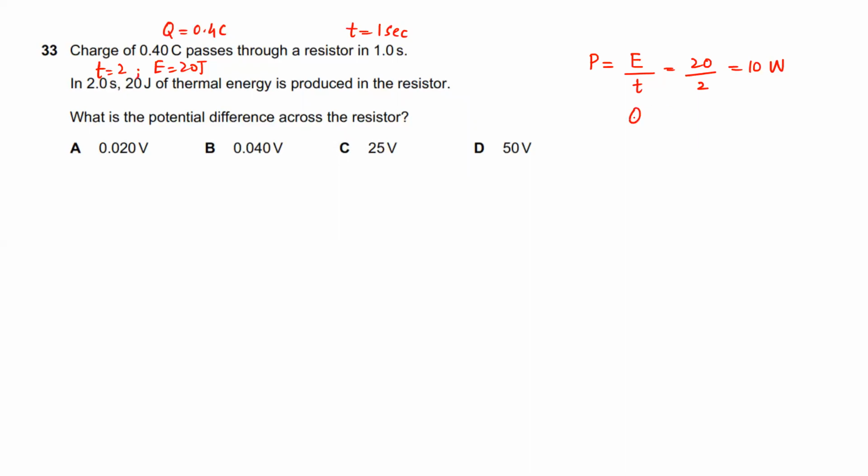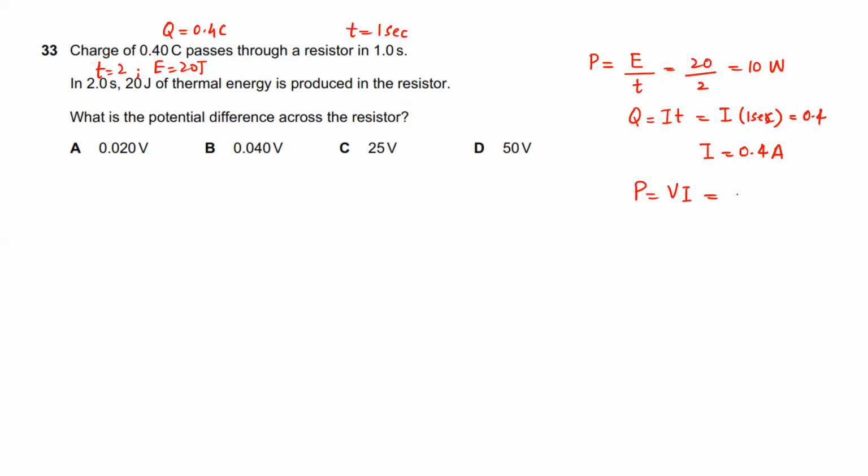Similarly, we know that charge equals current times time. So Q is 0.4 coulombs, time is 1 second, so I becomes equal to 0.4 amperes. We know that power is equal to voltage times current.